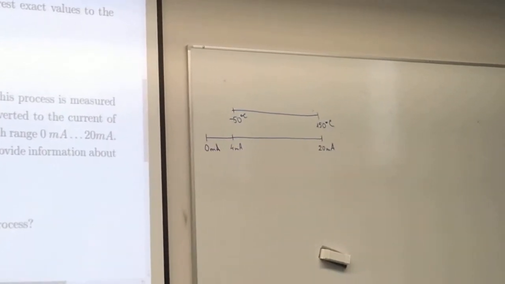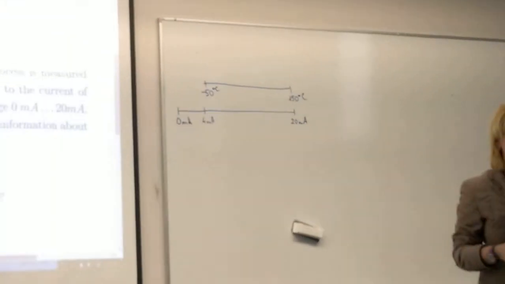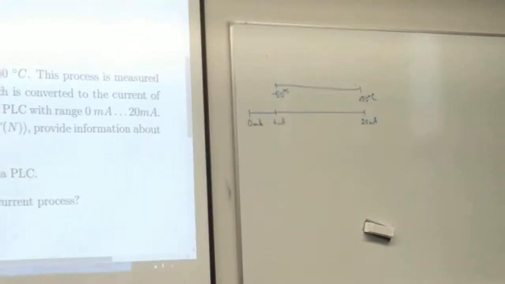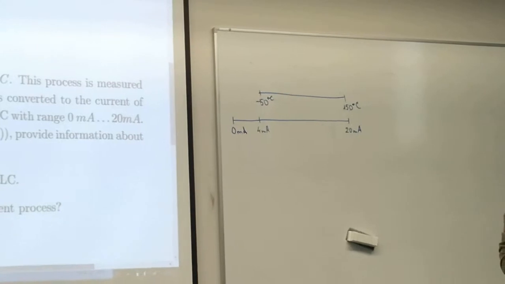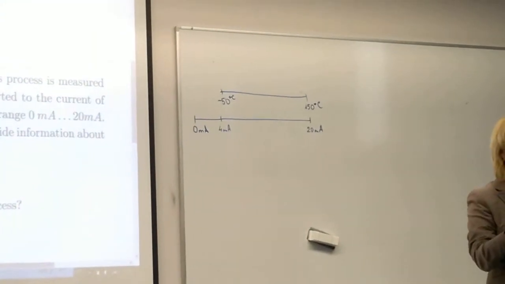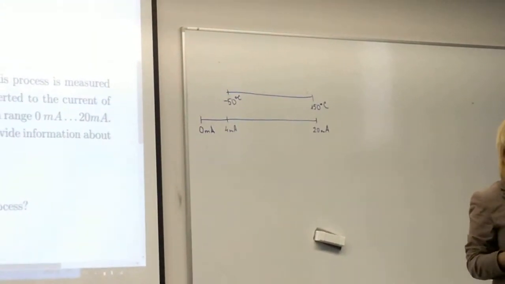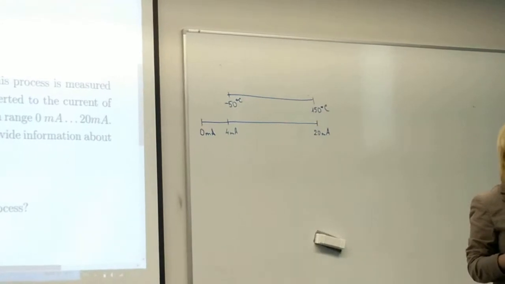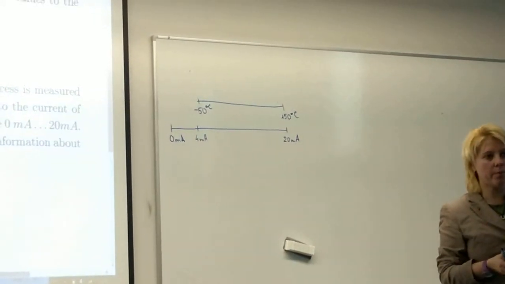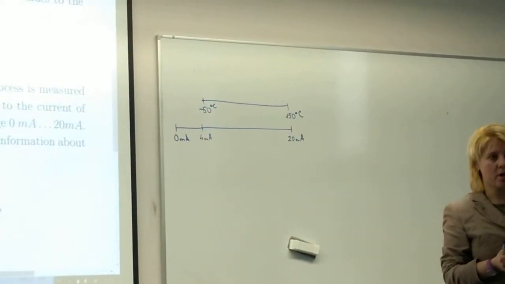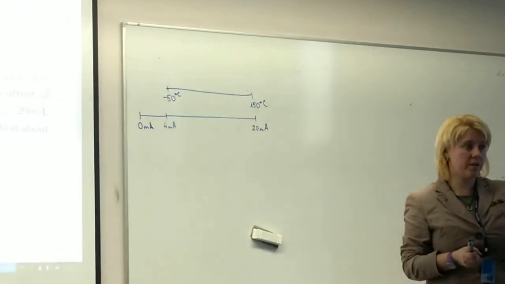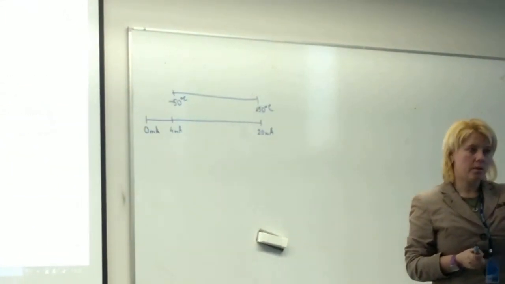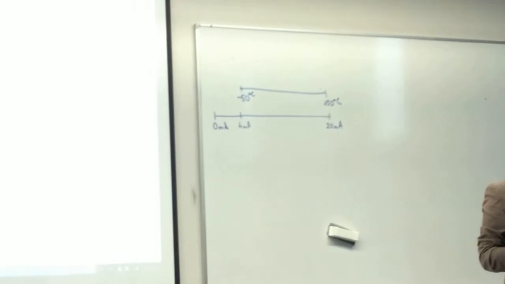As you have also seen, if you started your homework, every analog input has its own range which can be provided in the PLC, because PLCs are dealing with integer values.